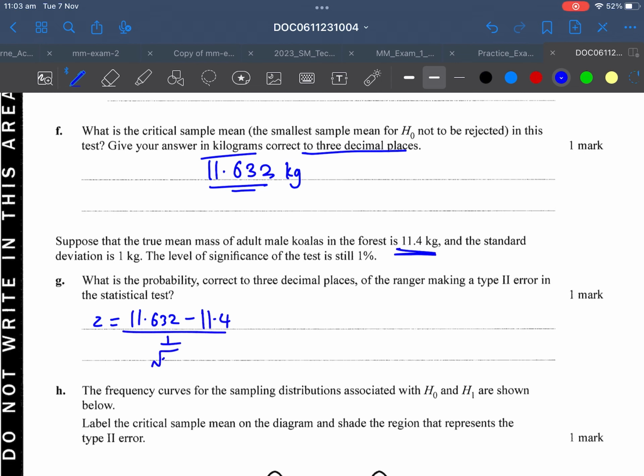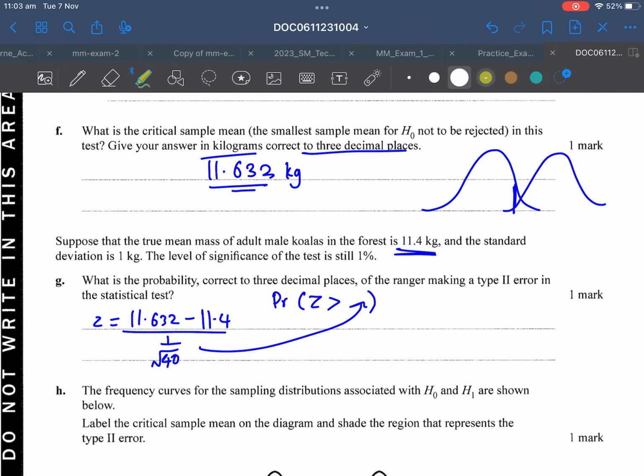because a type 2 error is, let's say we have our two bell curves over here. So let's say our mean is over here. Then our type 2 error would be just this section over here, so it has to be greater than, and not less than. So let's do this on the CAS now.